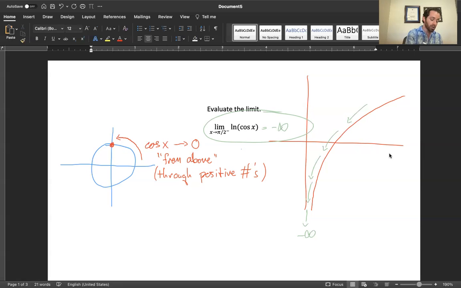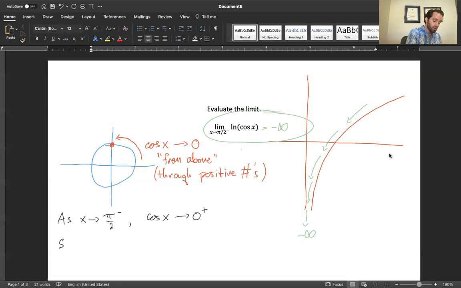If you want to get rigorous about it, you can say as x approaches pi over 2 from the right, cosine of x approaches 0. Oh, wait, I should have said as x approaches pi over 2 from the left. Then cosine of x approaches 0, and it approaches it from the right.